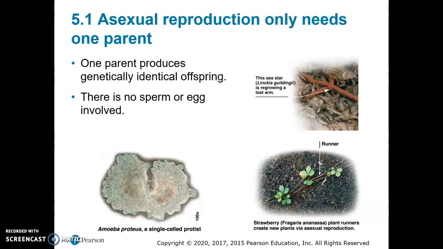There are some downfalls to that, and those downfalls come with the fact that your offspring are genetically identical to you, and so if you are susceptible to any disease, so are your offspring. But interesting as it is, asexual reproduction has been on this planet much longer than sexual reproduction.